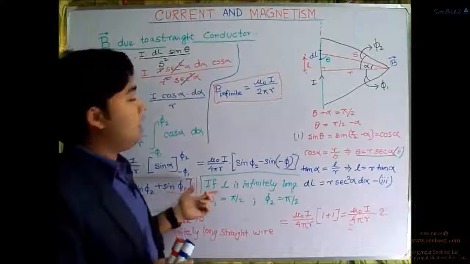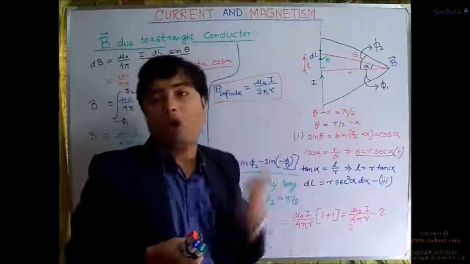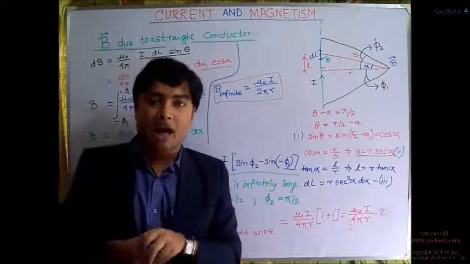Afterwards we saw that if L is infinitely large, then the value of B at this particular point will be equal to mu naught I divided by 2 pi r.